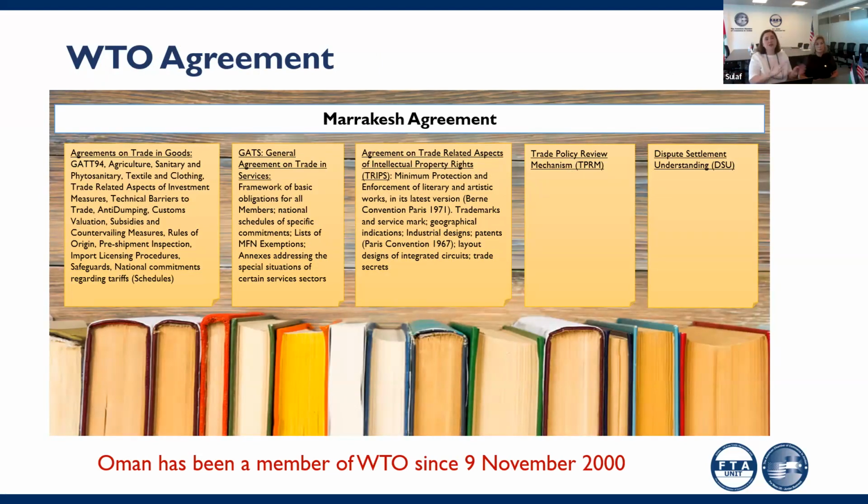That's why we refer to the WTO as contracting parties, or as members, because the membership can be either a sovereign country or the EU, for example, where members together form one and have a single negotiating position. Oman and all the GCC countries together.